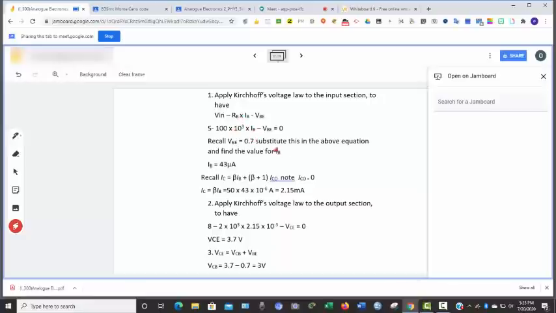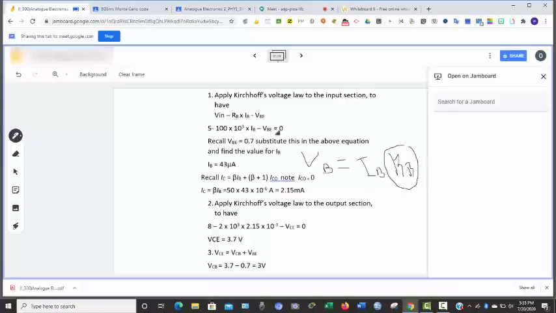And my VB will be equal to IB times RB. In the equation, we have been given RB.